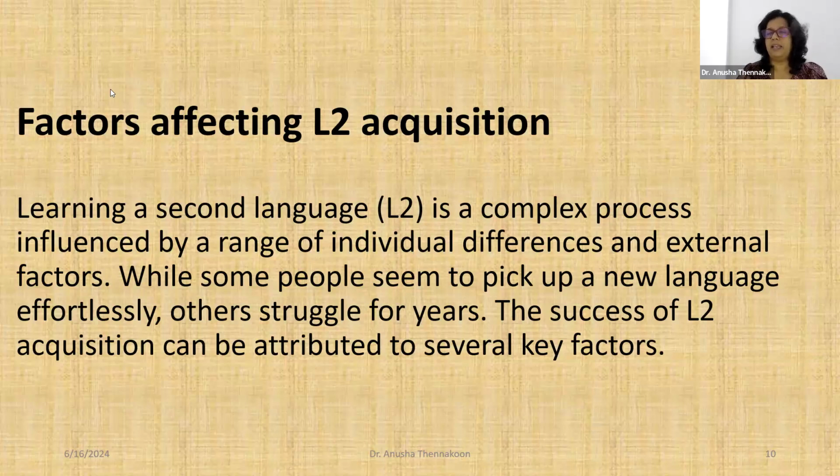Some will learn it very quickly, while others will struggle. So why is that? Why are some students learning English very easily, but some other students are struggling? The reason is there are certain factors which affect L2 learning or L2 acquisition. We'll see what they are.